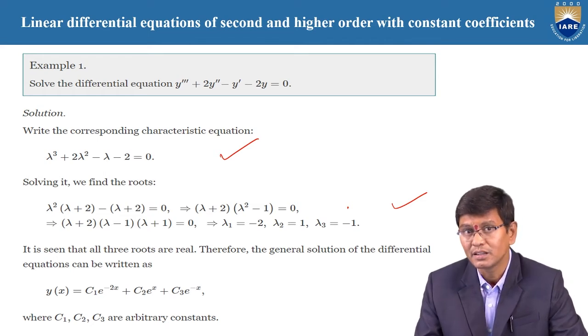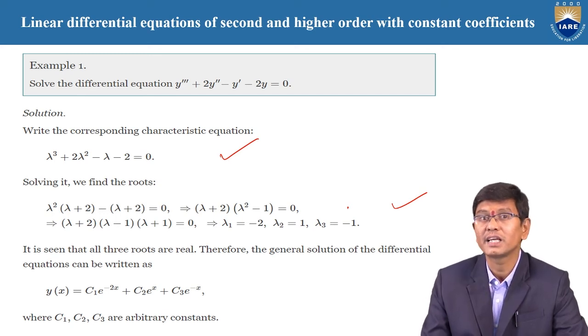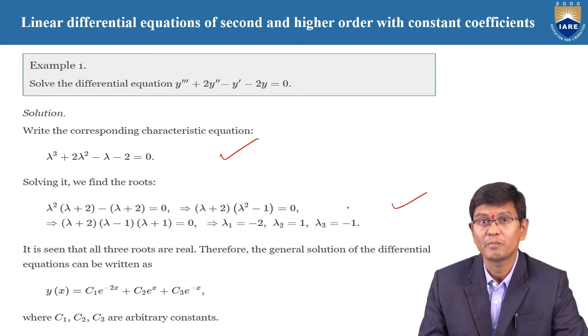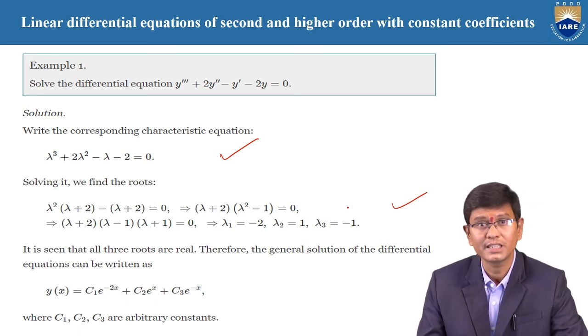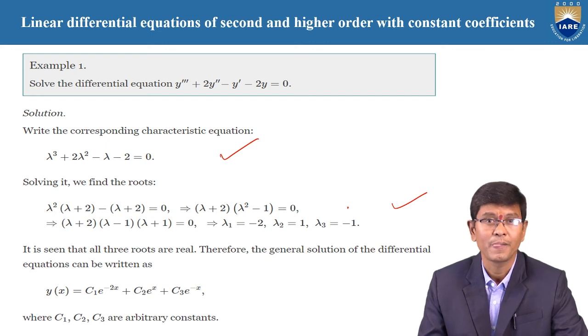That means the roots are all different. With the help of the different roots, case 1, y is equal to c1 into e power minus 2x plus c2 into e power x plus c3 into e power of minus x. Here c1, c2, c3 are the arbitrary constants.